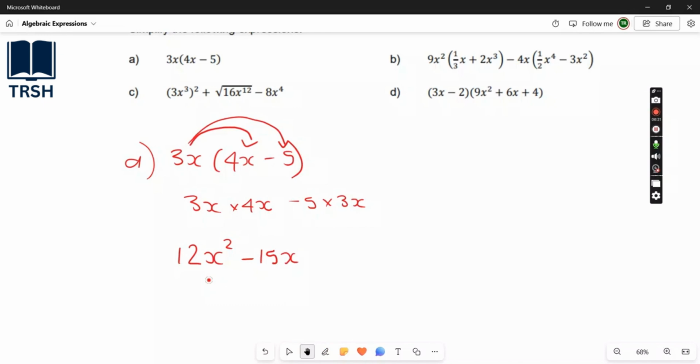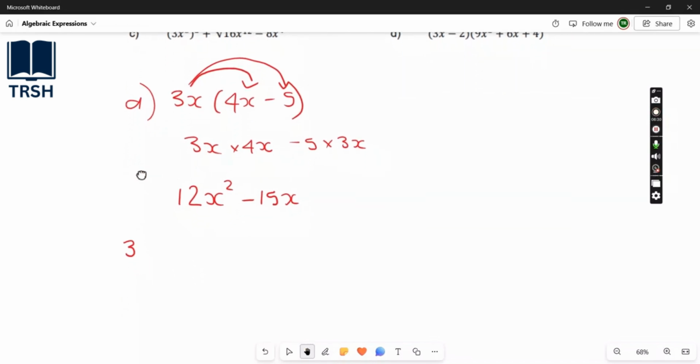And from there, we can take out a common factor, which is a 3. I'll have another video where we look at factorization in a bit. But we take out 3 as a common factor and we have x as a common factor. Then we say, what is 12 divided by 3? We get 4.